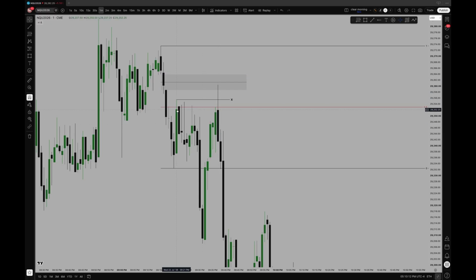As you see, no body closed into the discount range. That in itself is important because it will give you enough information and tell you that it's being sensitive and it's possibly going to be in a hurry.